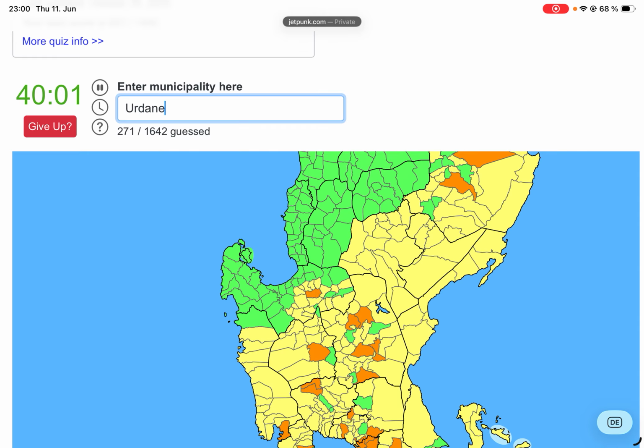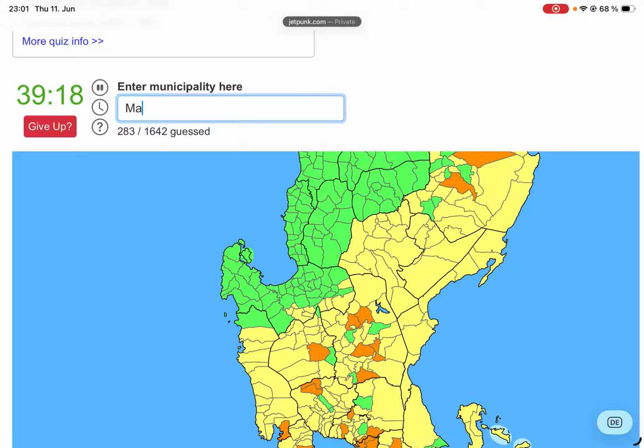It's called Urdaneta. And to the north of Urdaneta we have Binalonan, Manaoag, and Laoac. This is Mapandan, Santa Barbara, Malasiqui. I think this one is Bayambang, no, Villasis. We have Asingan, Tayug.